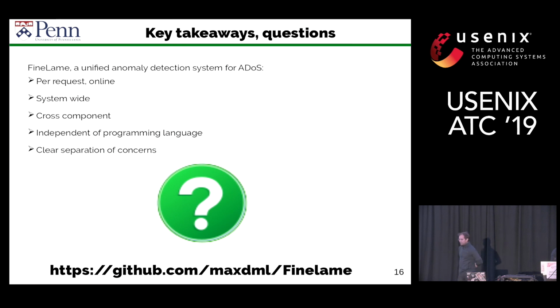I think we have the cost of generality to pay, in the sense that you could use our system to do a base layer detection which works for a bunch of different applications. But if you were to embed the very deep knowledge of the framework into the detection and mitigation system, like Rampart did, you're probably going to be better off.